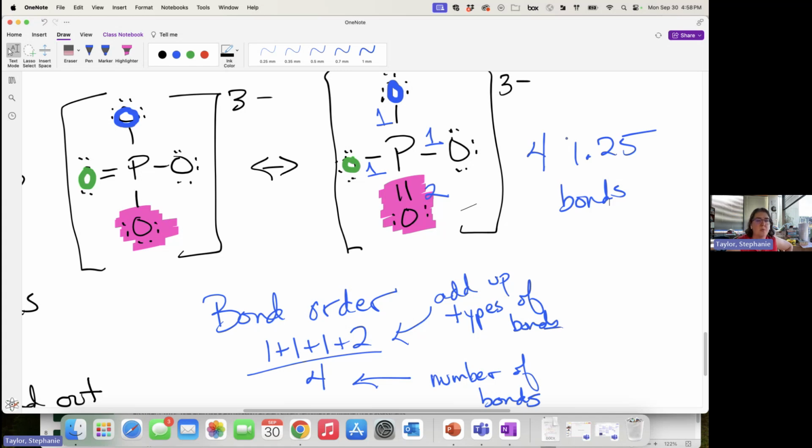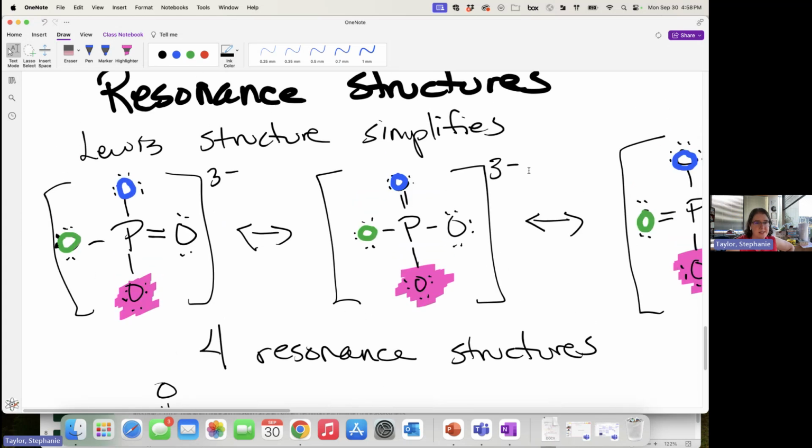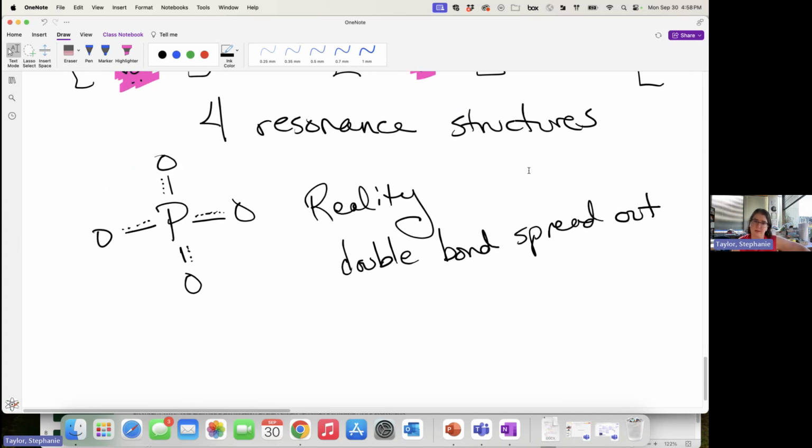So that's what is real, is I actually have 4 bonds that are all identical. They are 1 1/4 bonds. This is the idea of resonance, that I actually have 1 1/4 bonds.